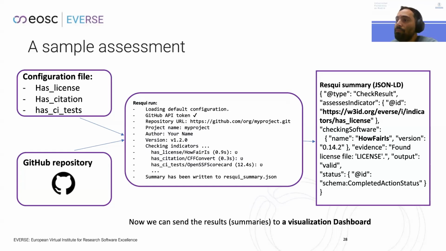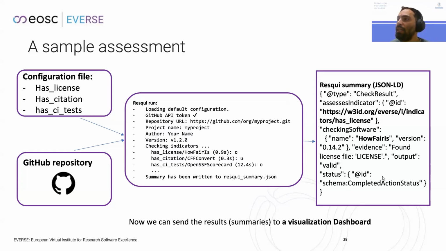Then I would select these indicators. I would select the repository or repositories where I would like to run this. And then this would be a GitHub action. Basically, every time you do a major commit or release, you will see that this is running, and it would give you a report like the one that you can see here, like, okay, I see that it has a license. I see that the citation is missing, and so on and so forth.